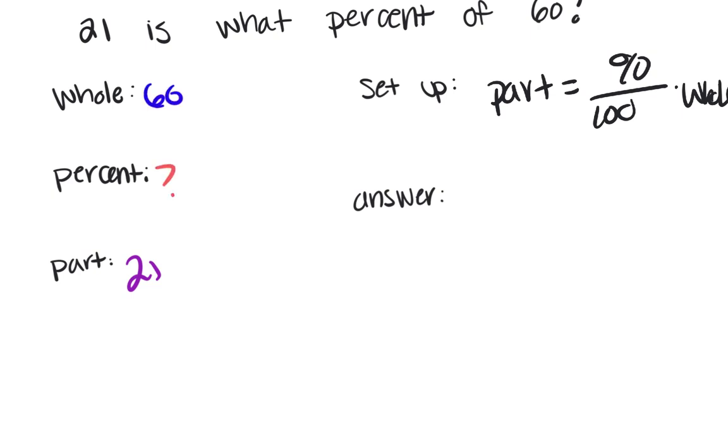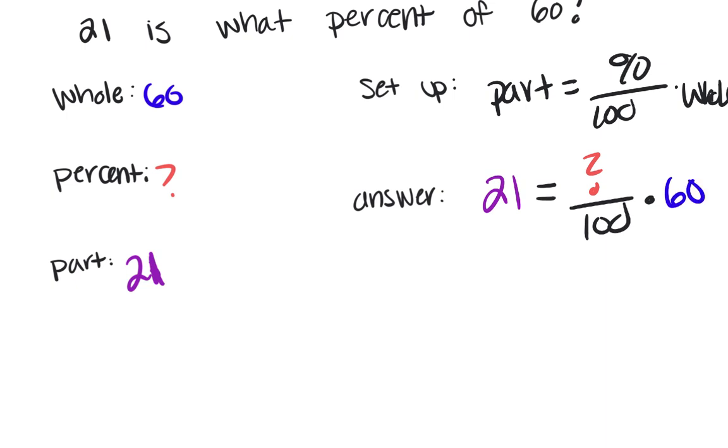And these are things we already filled in. Okay, so instead of the part, I'm going to put 21 is equal to, we don't know the percent, so a question mark goes there. And the whole is 60.